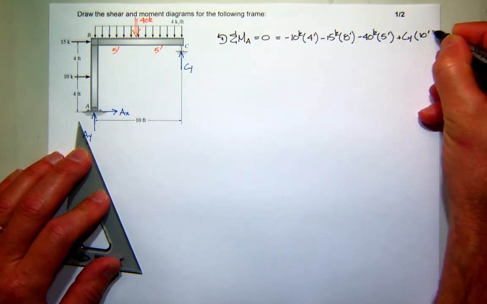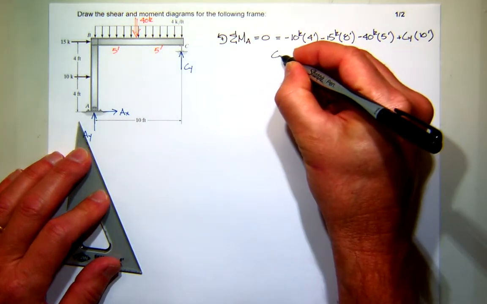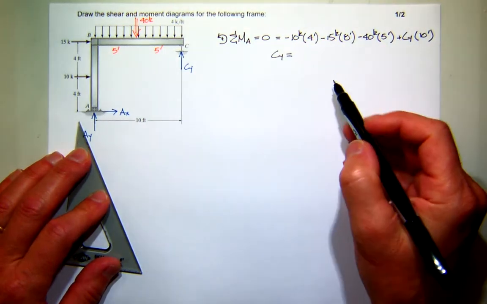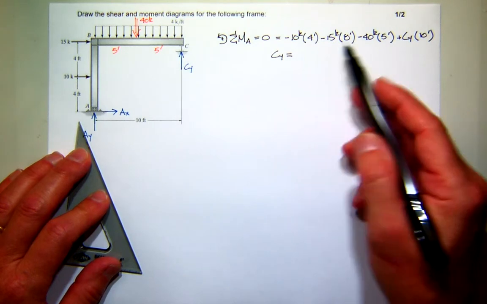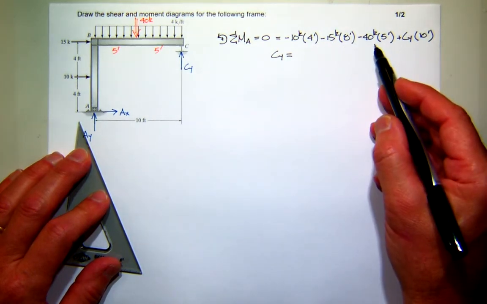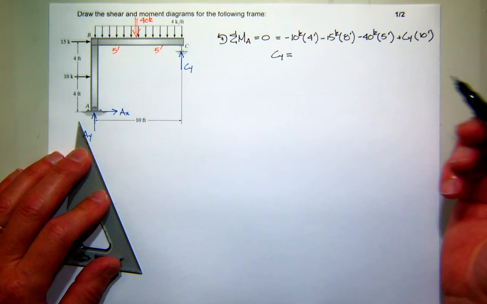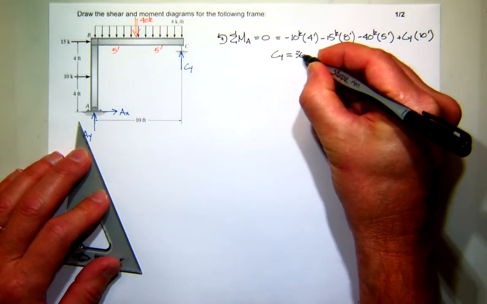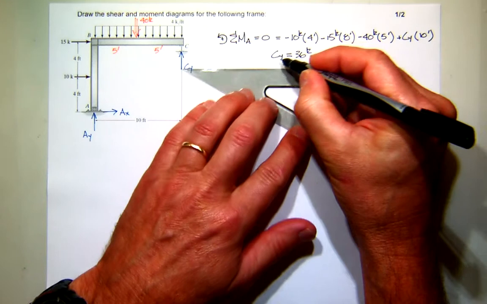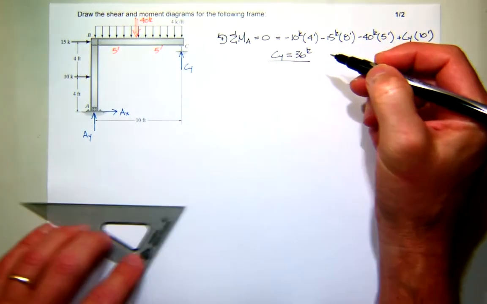So we should be able to solve for CY. What is that? 120 and 40 is 160. 360? 36. Yeah. So 36, and it's positive. Cool.